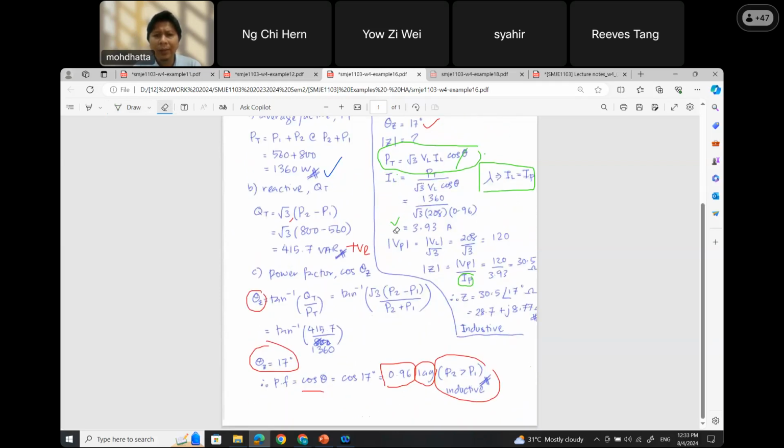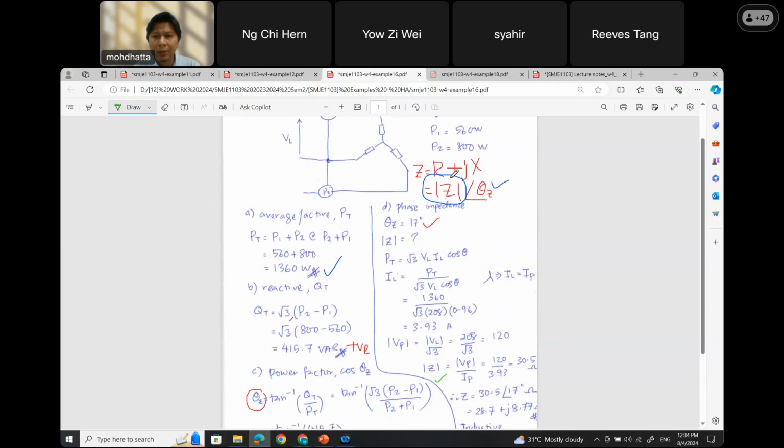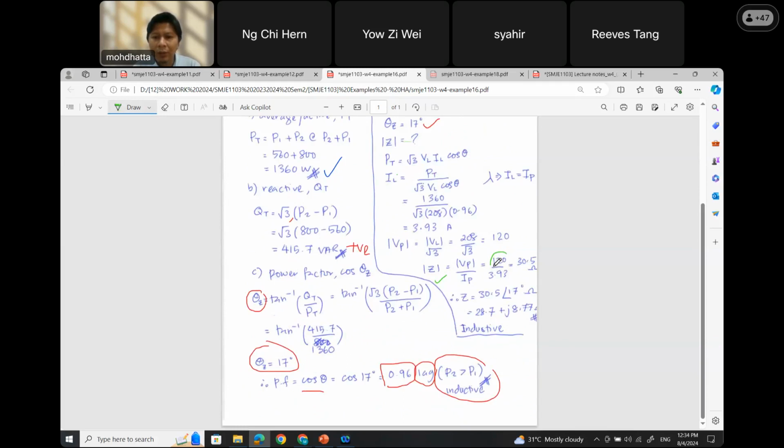This is why you see that I have my phase voltage defined earlier before I get into my calculation of Z. So V phase divided by I phase definitely relates to the phase impedance that I try to calculate. Since I need only the magnitude, I take the magnitude of voltage and also the magnitude of the current, then it will give me the magnitude of my impedance.